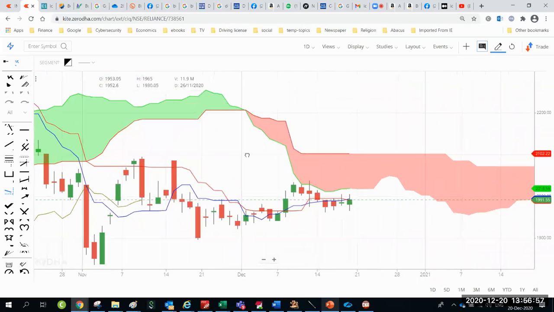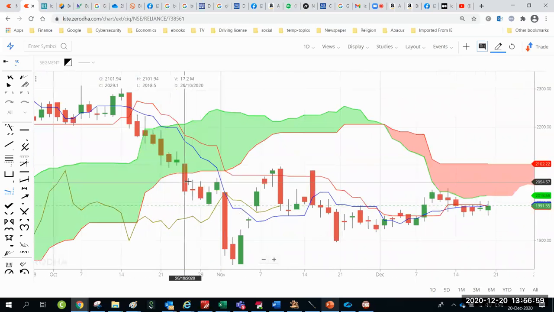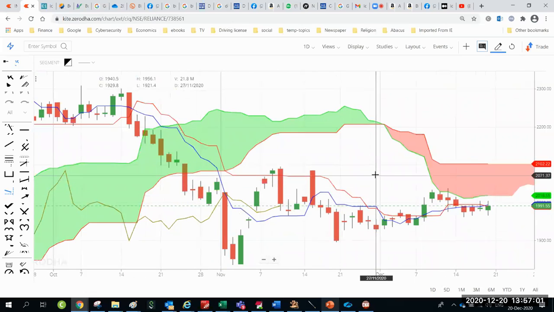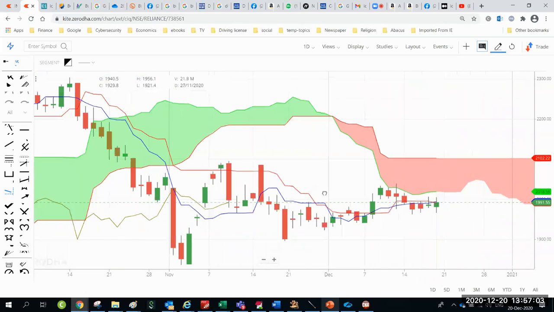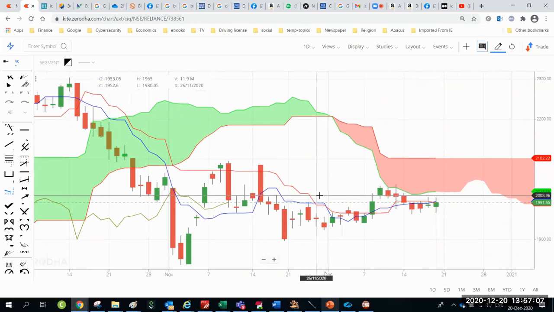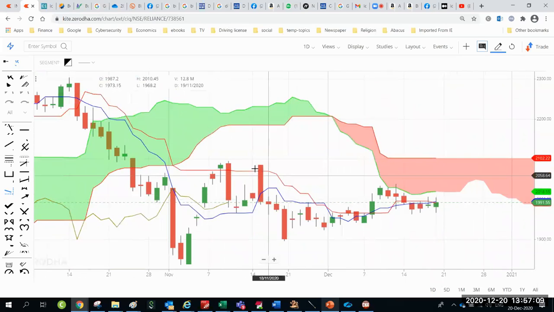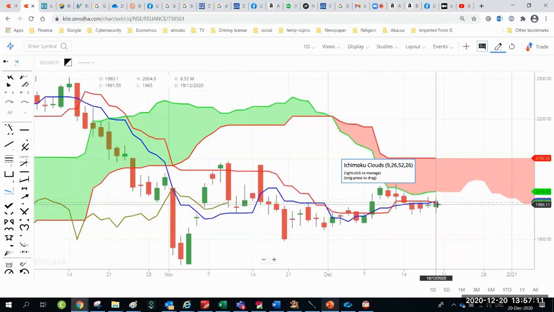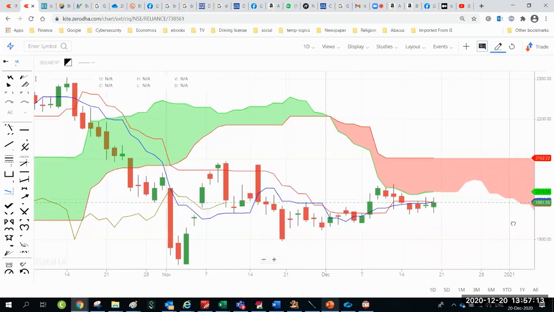So actually, on this date I put a sell signal, but I have given a hold signal to Reliance. My call with Reliance is a hold, though it is below this one. When it falls further down, yes.